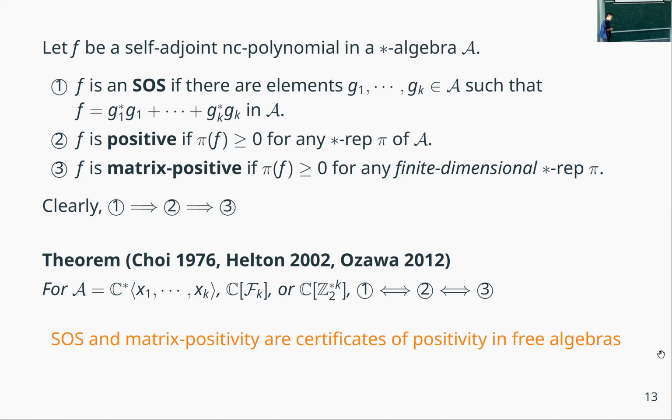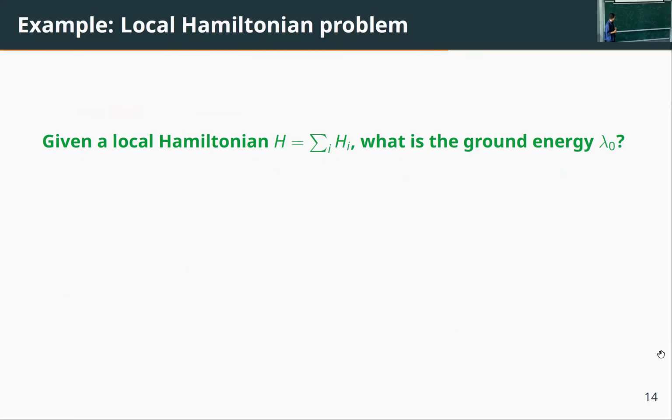So this result has many nice consequences in quantum information. I wanted to show you some examples. For example, given a local Hamiltonian, you want to find the ground energy.